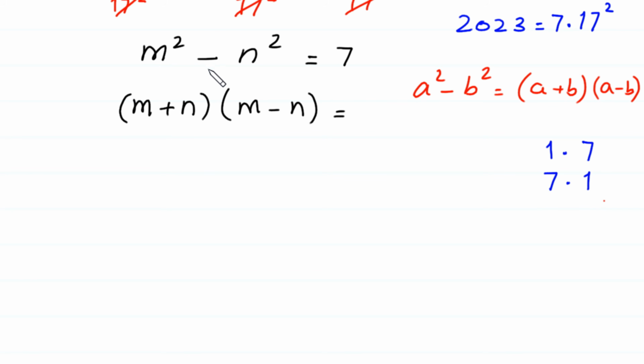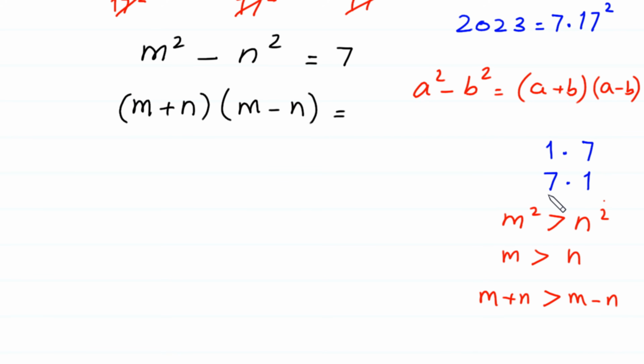Now because m square minus n square is equal to a positive integer, it means m square is greater than n square, and m is greater than n. And from here we conclude that m plus n is greater than m minus n.